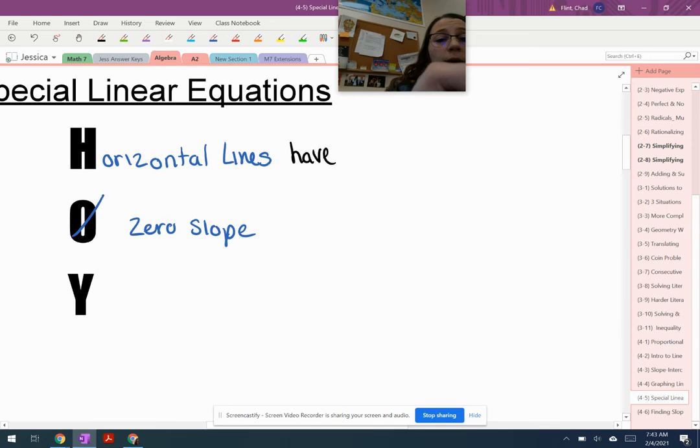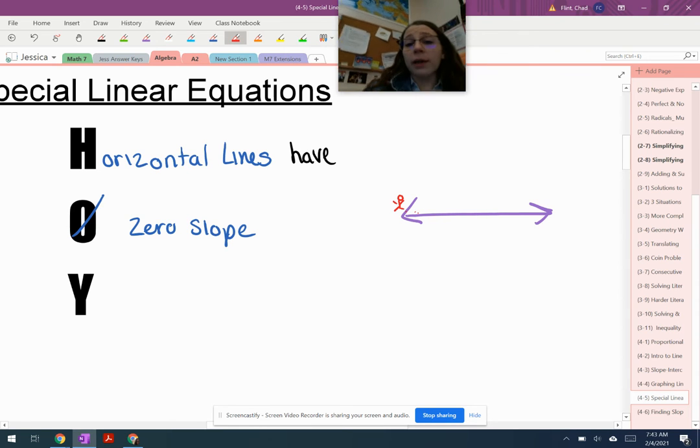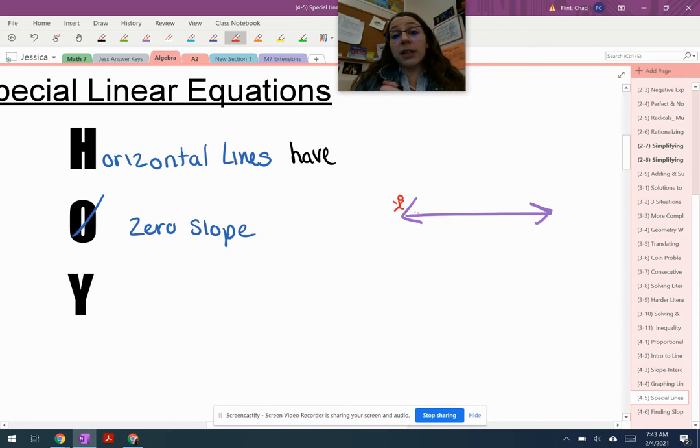That makes sense, because if I talk about my little person walking on it, it has a 0 inclination, right? The steepness of that line is none. You're just walking on that flat plane.